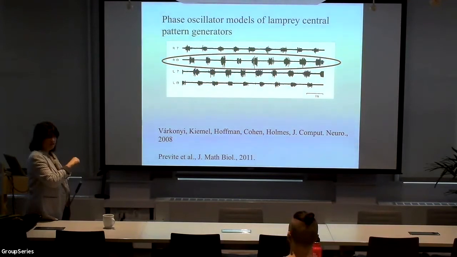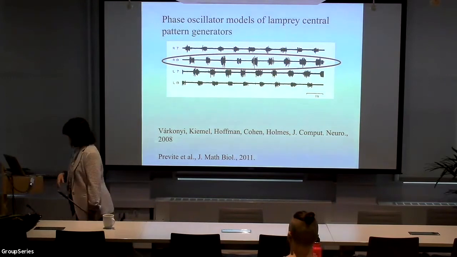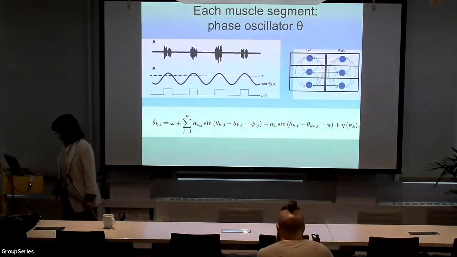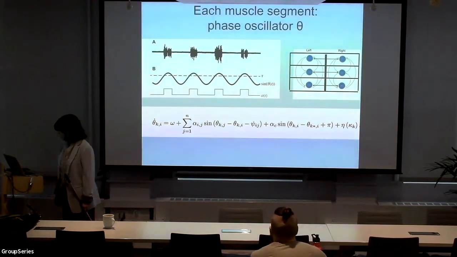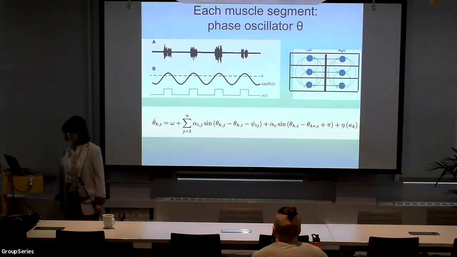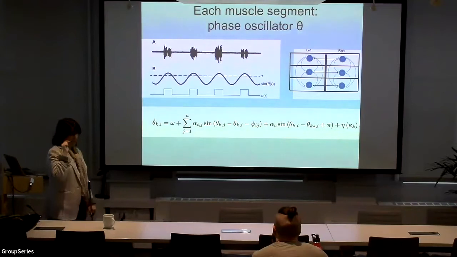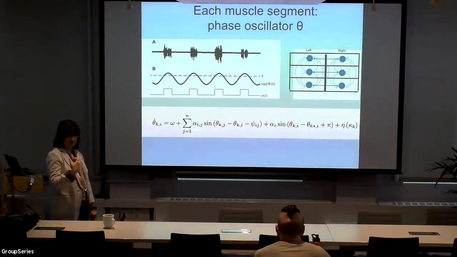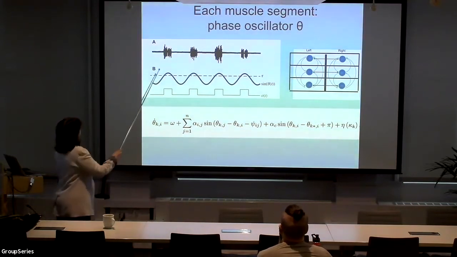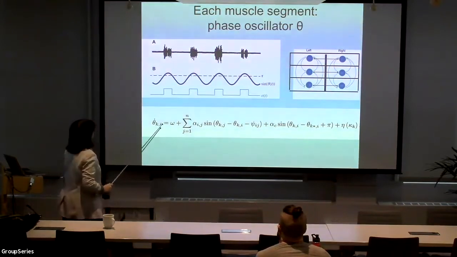We want to capture its period, and we want to capture the phase shifts between each of these. And so here, each muscle segment, whether it's on and off, we're going to model as a phase oscillator. And then how is that going to be somehow fed in as a signal to the contracting muscle? So here is what we want to capture.